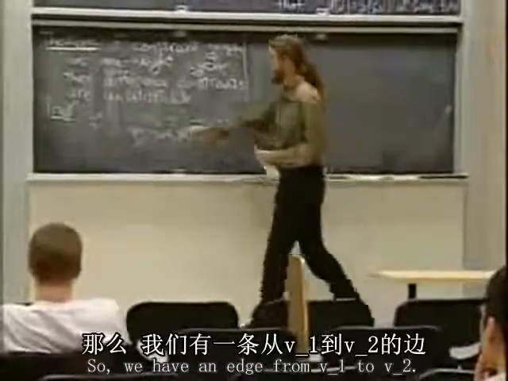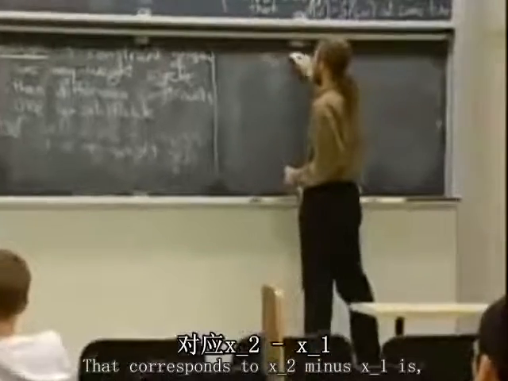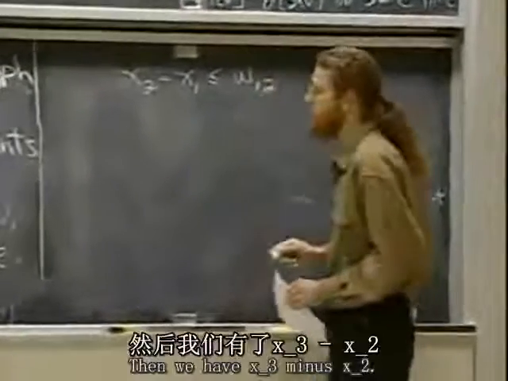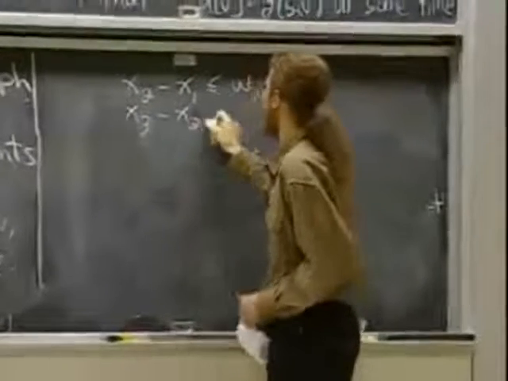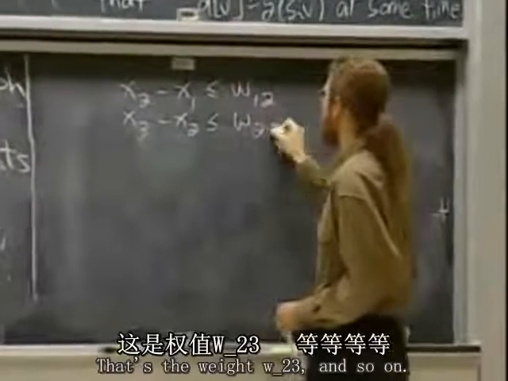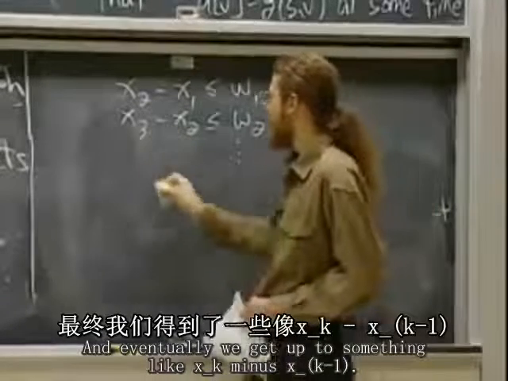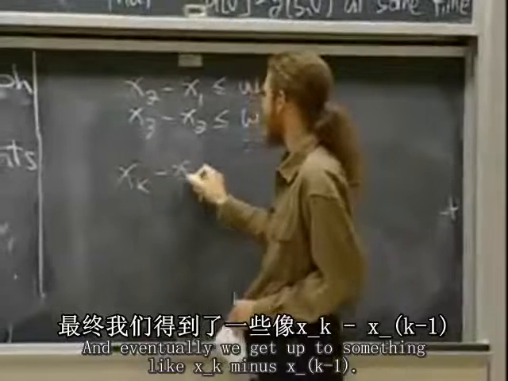So we have an edge from V1 to V2. That corresponds to x2 minus x1 is at most something, W12. Then we have x3 minus x2. It's the weight W23, and so on. And eventually we get up to something like xk minus xk minus 1.